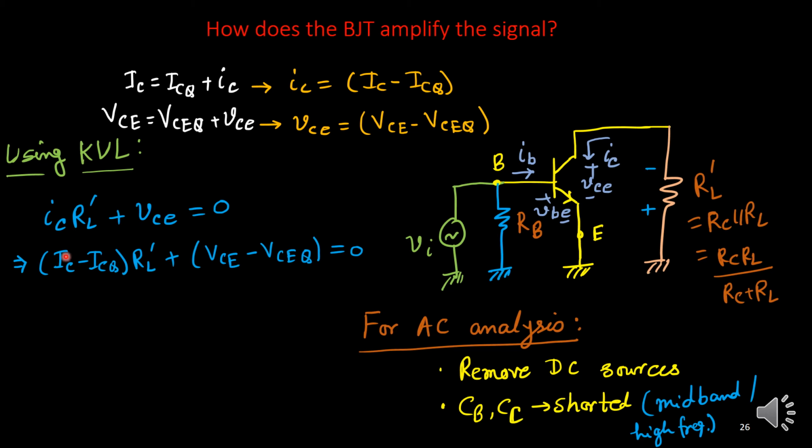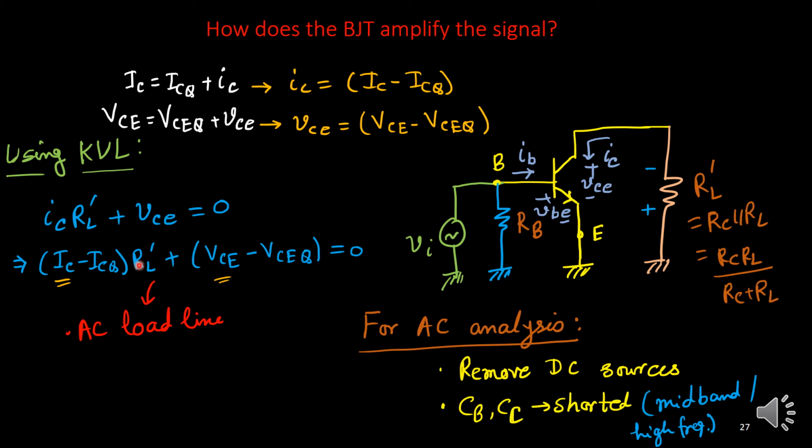This is nothing but the equation of a straight line, considering this one the x-axis and this one the y-axis, and I can call it the AC load line. That's the difference between the DC load line and the AC load line.